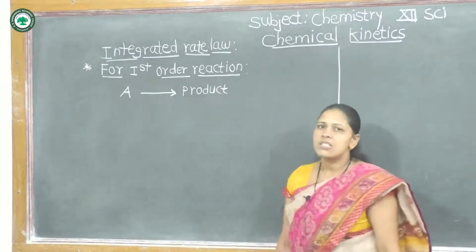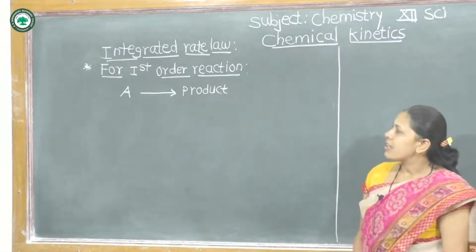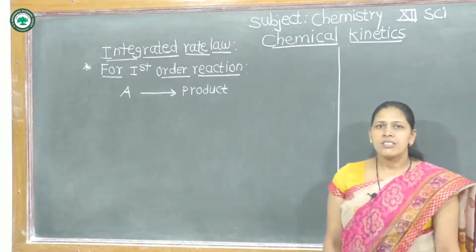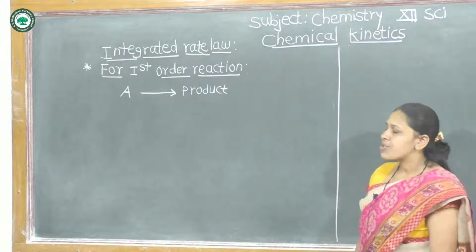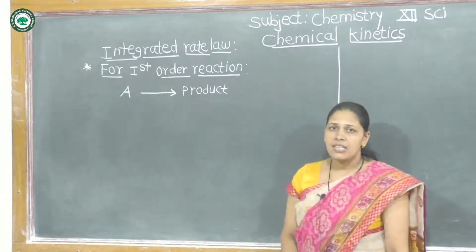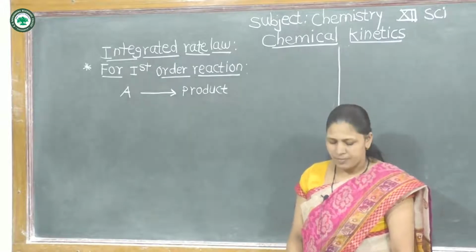Suppose this is a first order reaction. That means the rate of this reaction is directly proportional to the concentration of reactant, that is A raised to power 1.